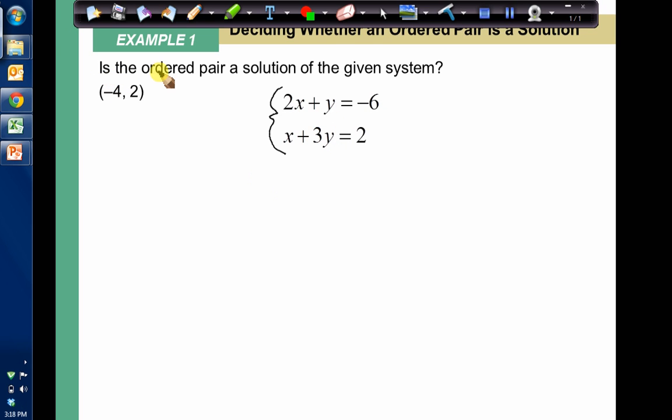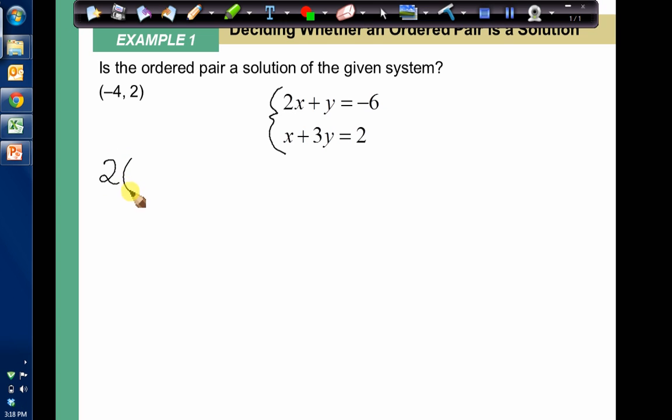And the question is asking, is the ordered pair a solution of the given system? What that means is, does this ordered pair, this particular x and y combo, work for both equations? To figure out if it does, we plug it in.